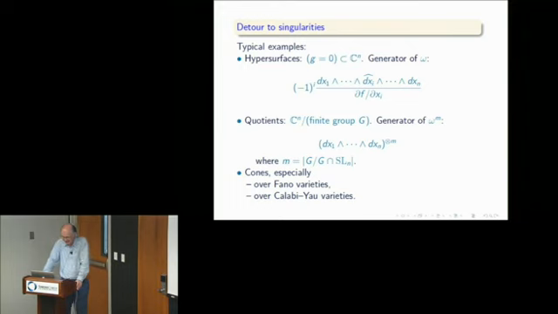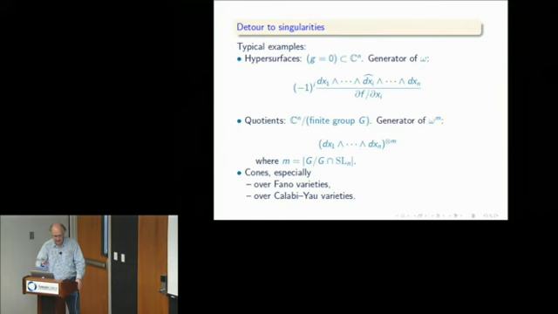Okay. So then usually the main question is how to write down this sheaf omega. So if I have a singular variety, then of course over the smooth set, I can write it down.